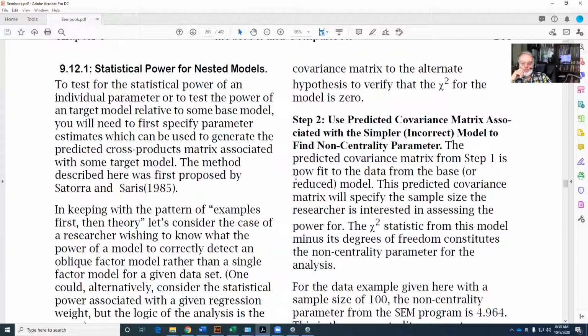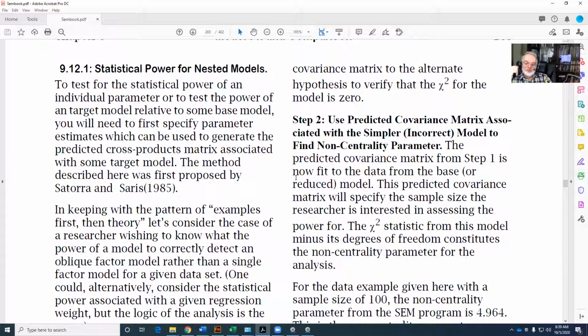So one way to do power is to compare nested models and to try to work with what's going to be the power for my study, comparing a more complex model to a simpler model. And to again give the landscape of this, this is a model that works well for looking at power for testing models that differ with only a few parameters.